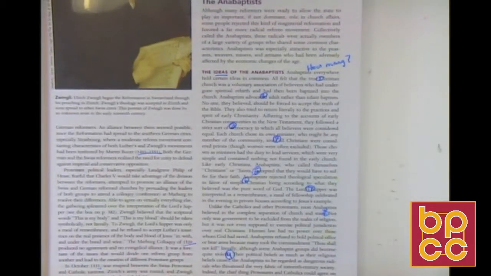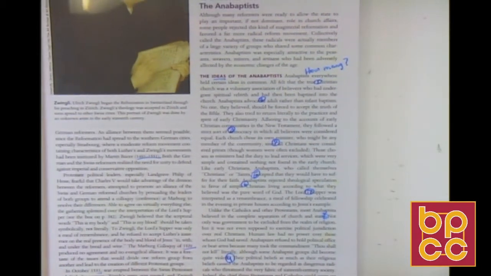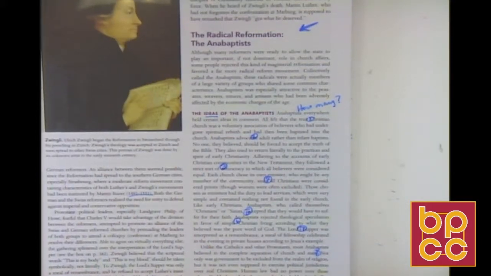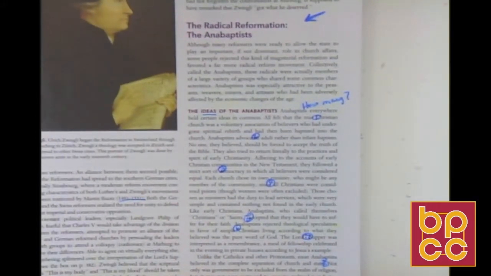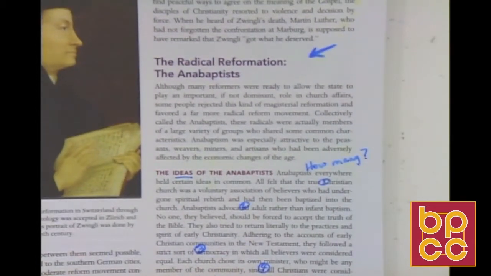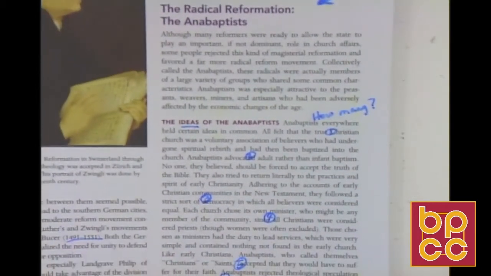And then as I look through the rest of the textbook here on this page, I notice we're talking about still the Reformation, but this is a new kind of Reformation. It's a radical Reformation, and kind of introducing a new word here, the Anabaptists. I have no idea who those people are, so I've kind of drawn an arrow there that tells me I may need to know a little bit more about this.